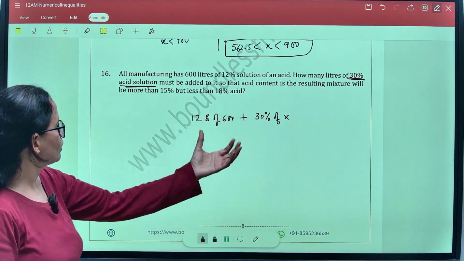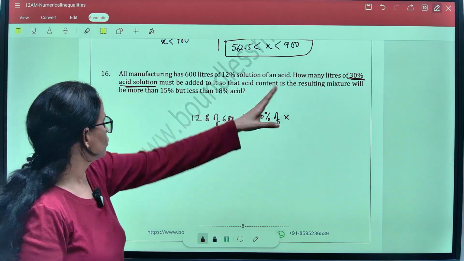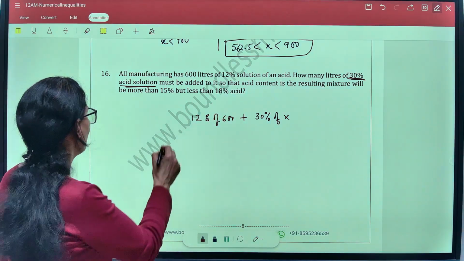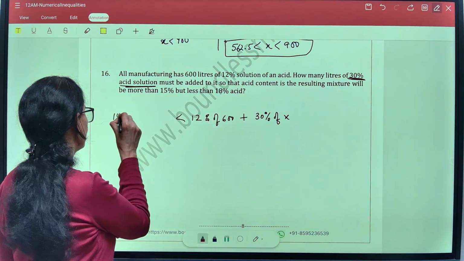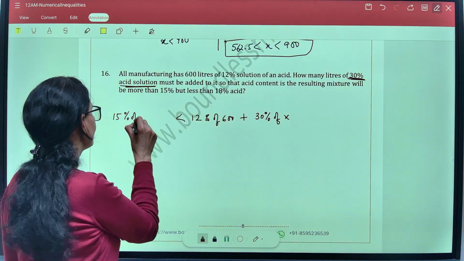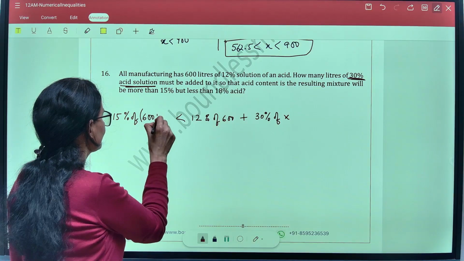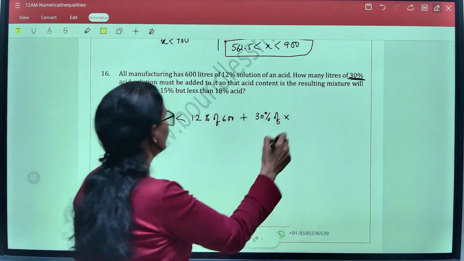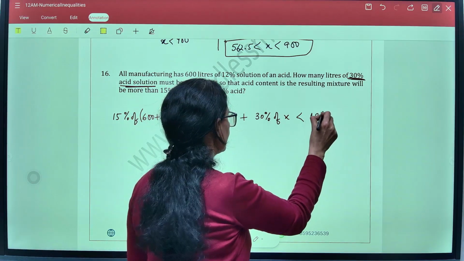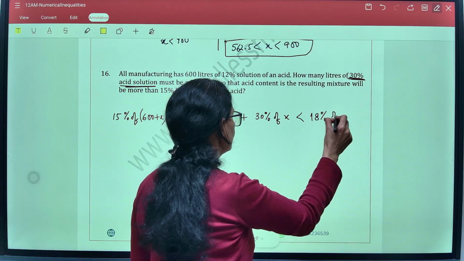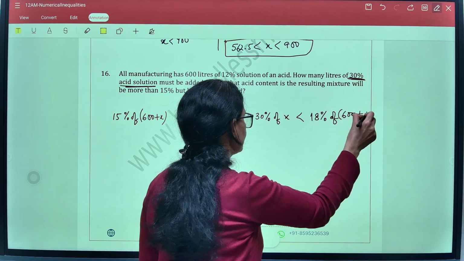And this percentage concentration of this solution is more than 15%. So it is 15% of 600 plus x and less than 18% of, again, 600 plus x.